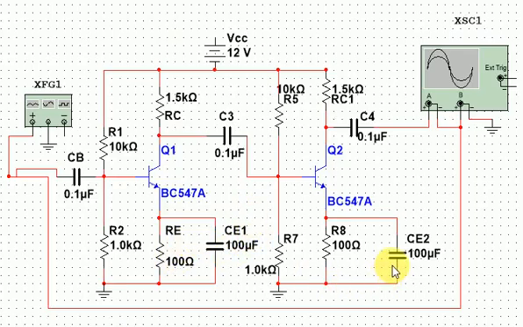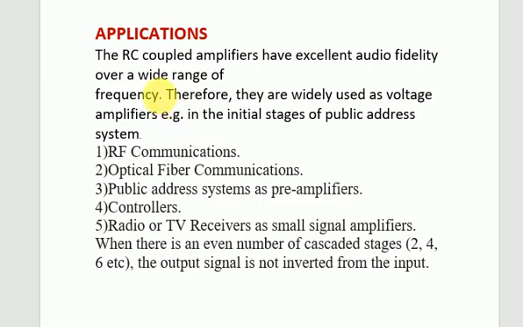Now let us look at some of the applications of the RC coupled amplifier. RC coupled amplifiers have excellent audio fidelity over a wide range of frequency. As we have seen, it has a very good constant voltage gain over the audio frequency range, that is from 50 Hz to 20 kHz. Therefore, they are widely used as voltage amplifiers or in the initial stages of public address system.